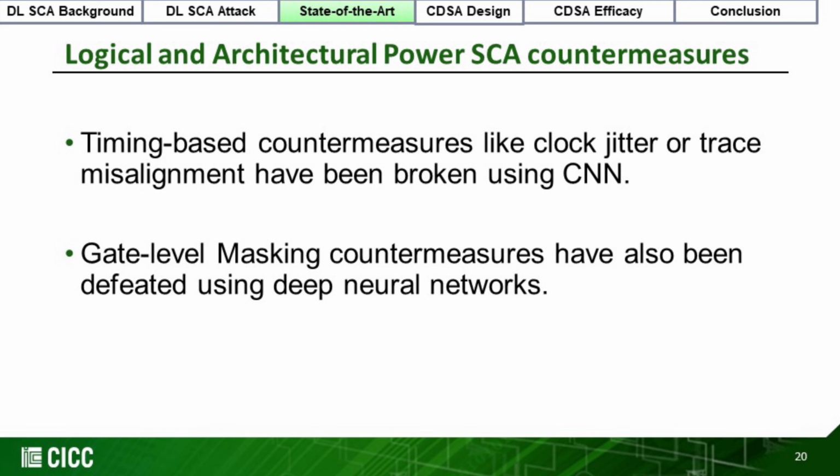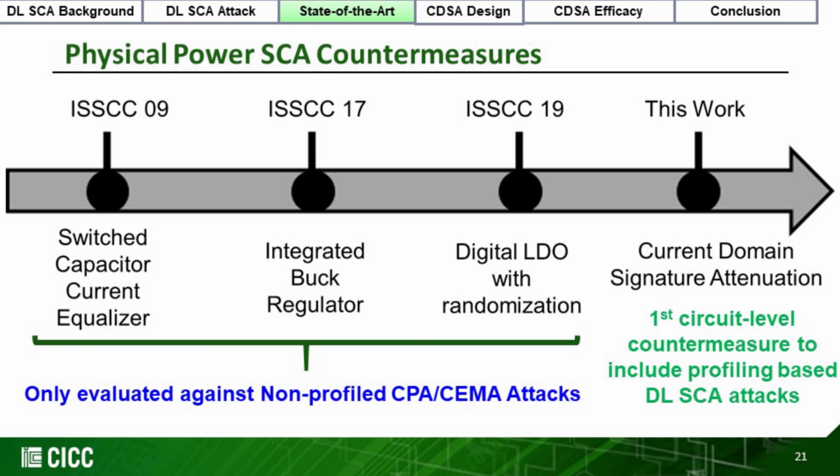The gate-level masking countermeasures have also been defeated using deep neural networks. The physical circuit-level techniques include switch capacitor current equalizers, integrated buck regulators, and digital LDO. The proposed current domain signature is the first physical countermeasure which is evaluated against the profiling-based deep learning side channel attacks.